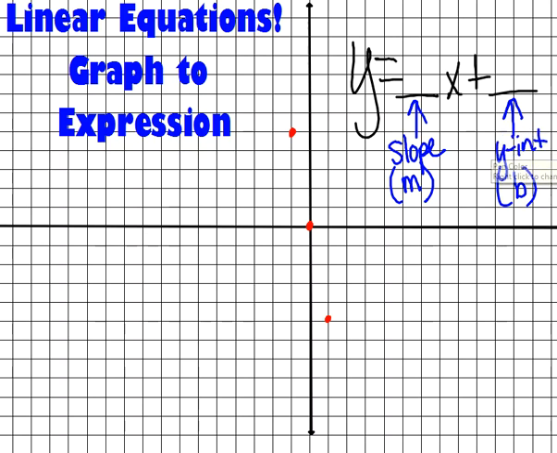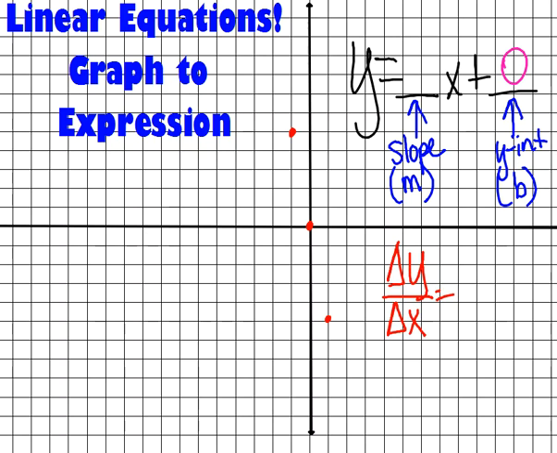You can see it pretty clearly. It is at the origin, which means 0. It crosses at 0. So we've got 0 there for b, and then for your slope, we go back to that same formula we've been using, delta y over delta x.